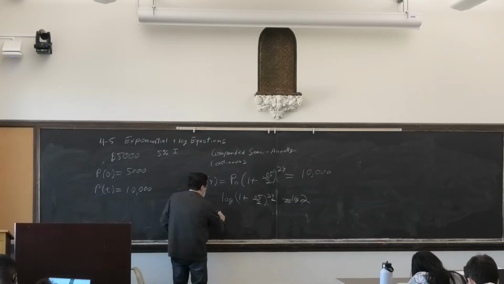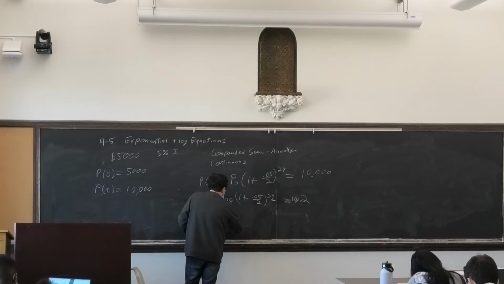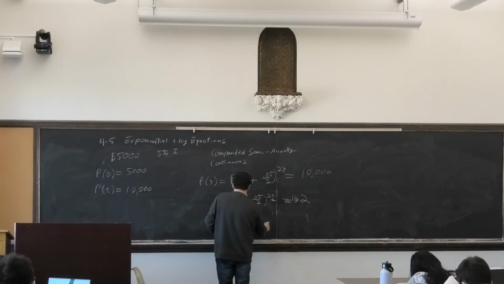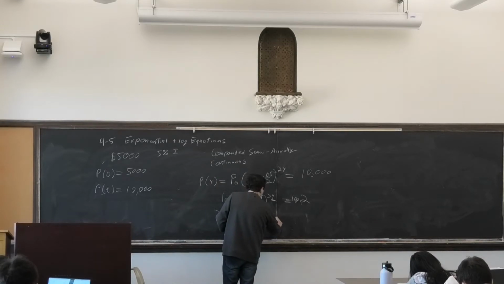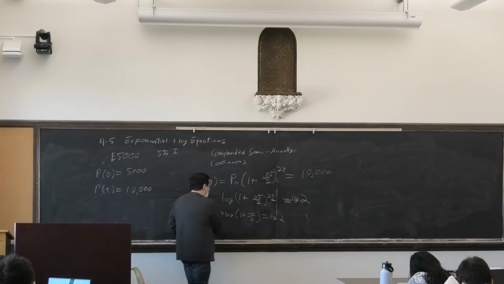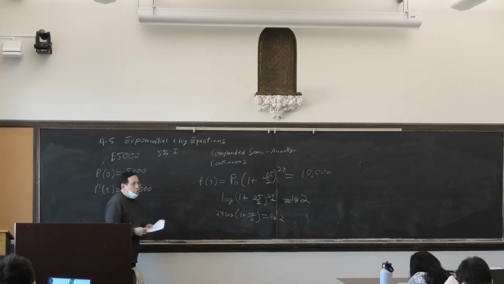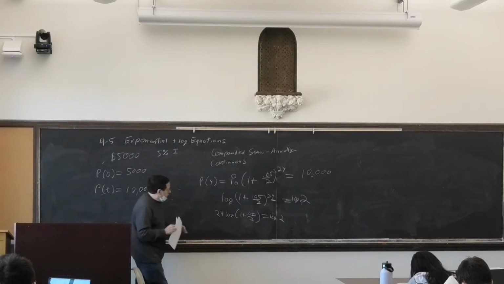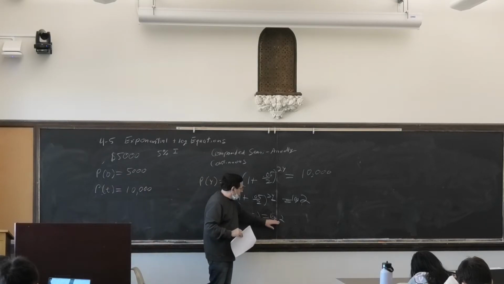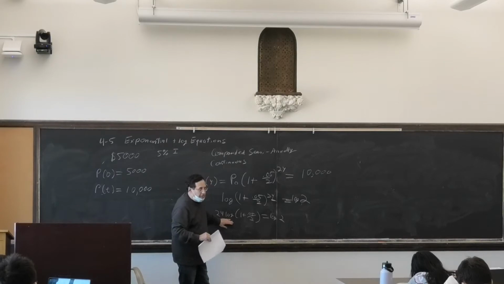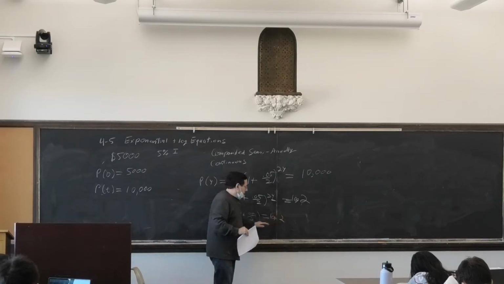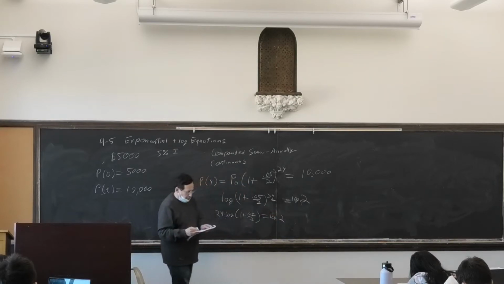It's going to give us 2y log of (1 + 0.05/2) equals log of 2. And now we can just solve for y. You'll note that I just said log, I didn't say log to the base 10. Since we divide out, it's not going to make any difference.